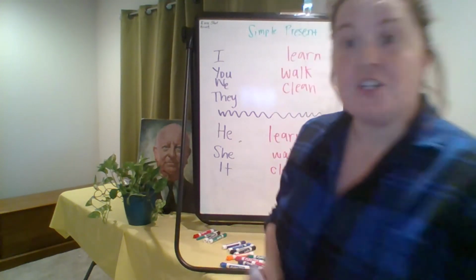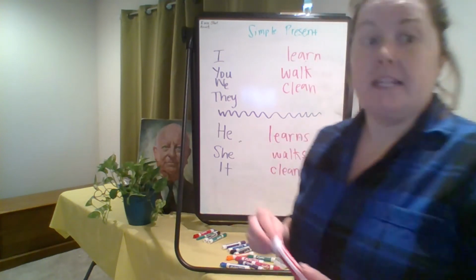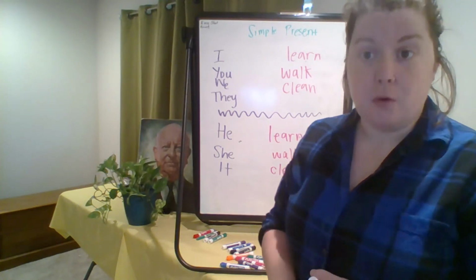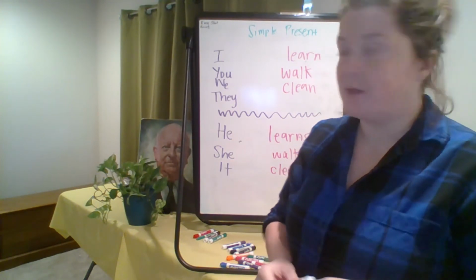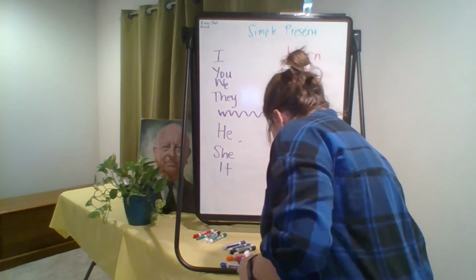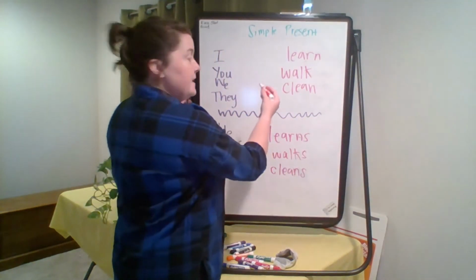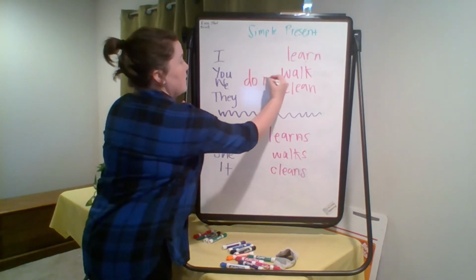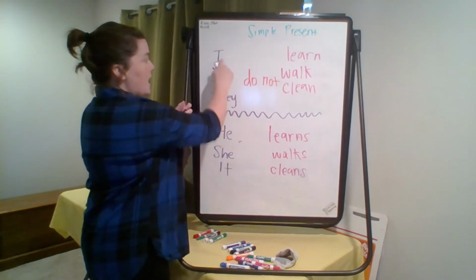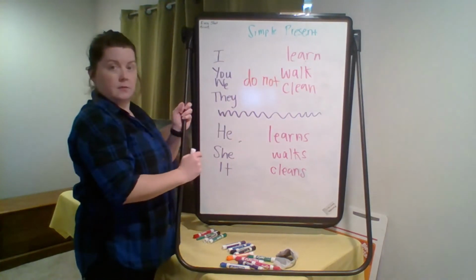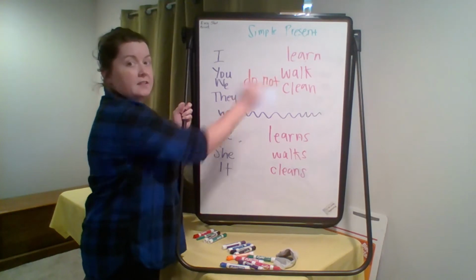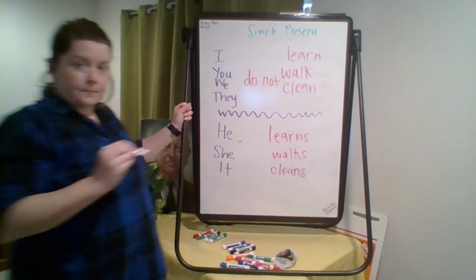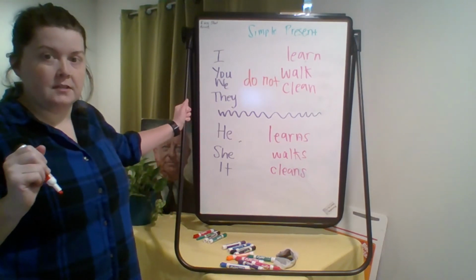Okay? Let's do negative. So in English, for negative verbs, you're going to use do. So we have to have a helping verb. And so for the negative, you're going to say, I do not. I do not clean. They do not clean. Okay? So do is the helping verb that you need to make negative.